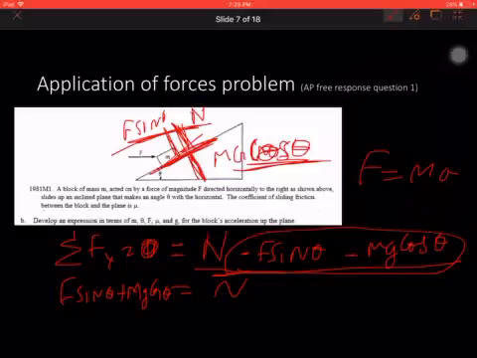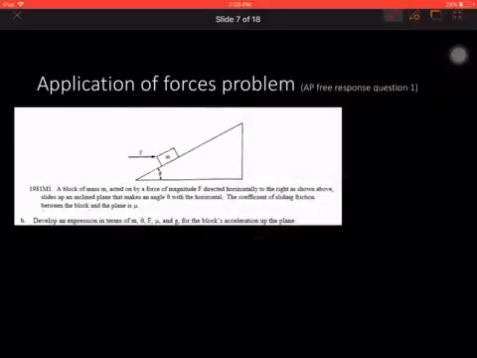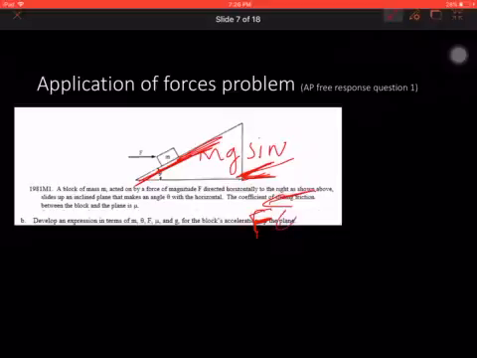Now we're going to deal with the forces in the x direction. We have mg sine theta going that way. We have applied force F cosine theta going this direction.